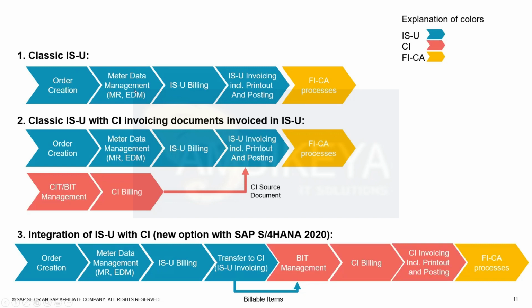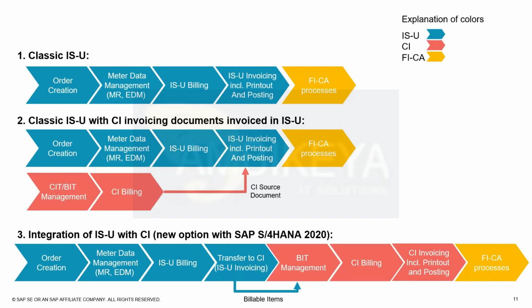Here everything, the meter reads, the billing and the invoicing, is part of ISU. But in the past, and also in big discussions, it came out that in the utilities industry, they do not want to offer only these commodity products, energy, water, gas, whatever. They also want to offer non-commodity products to their customers.